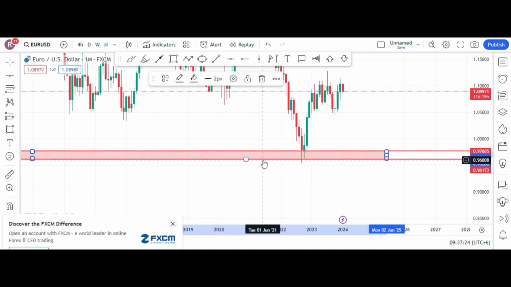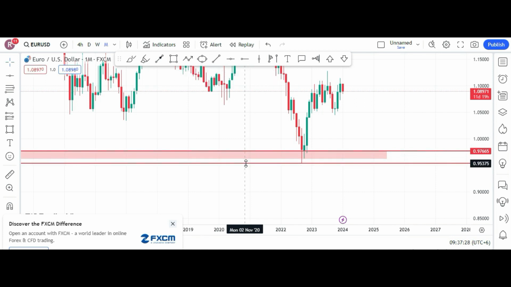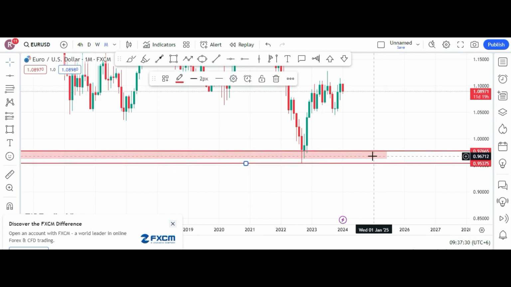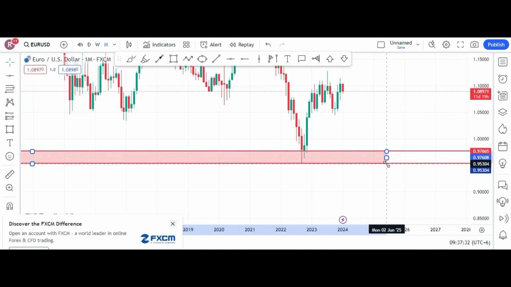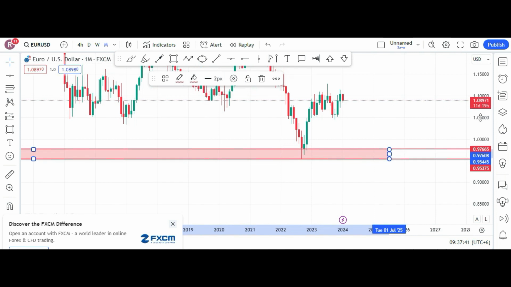So I would like to push this a little bit to cover the market depth. So price came down to this level. Okay guys, so this is the place where the price has been stopped, from the left side I have shown.